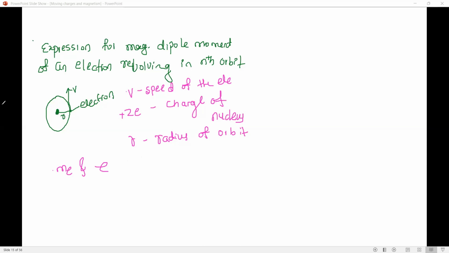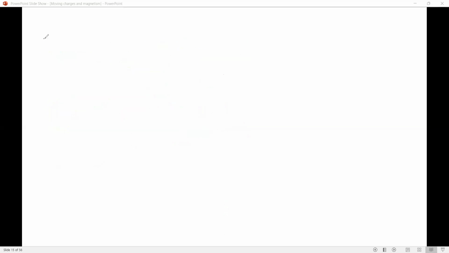Yes. So let us begin with the derivation. As we know, the magnetic dipole moment, as already discussed in the previous question, is written as the product of current into area.